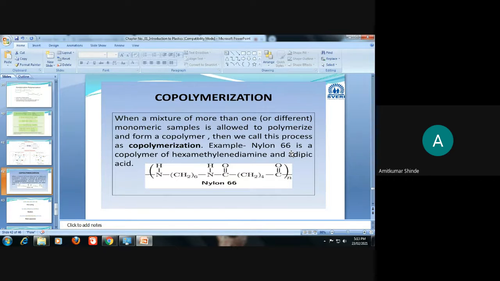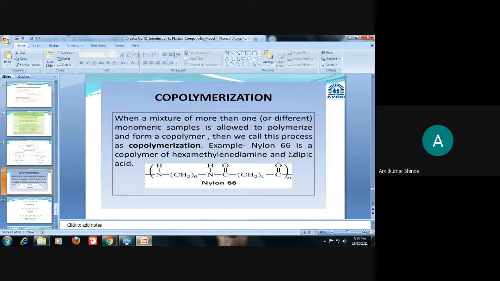That's why it is termed copolymerization. In short, two polymerizations are occurring. To form the particular monomer, one polymerization will occur, and after that, the formed polymer will again undergo a polymerization process to give a new polymer. This is termed the copolymerization process.